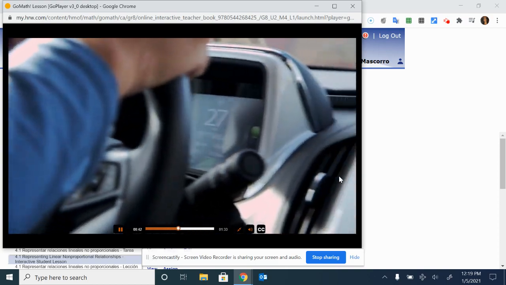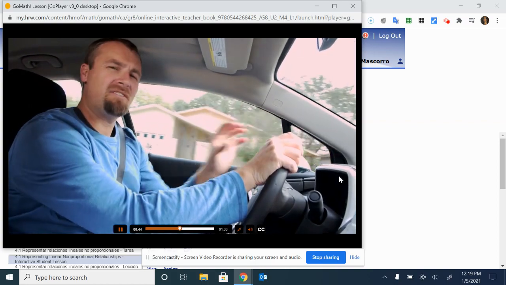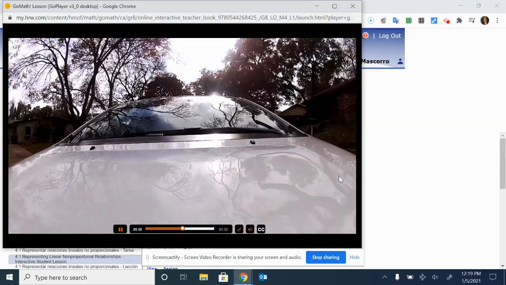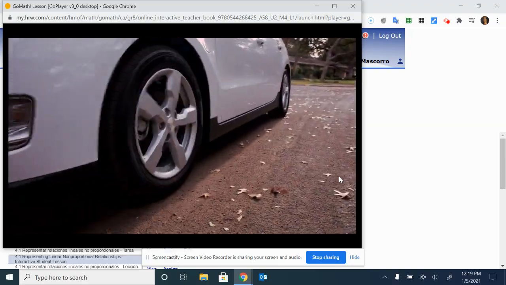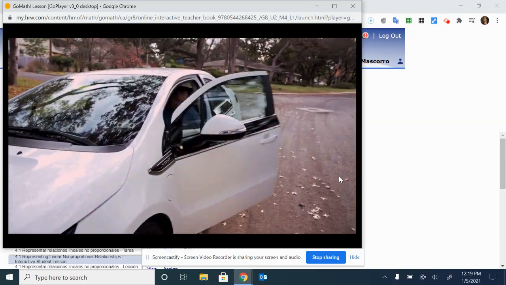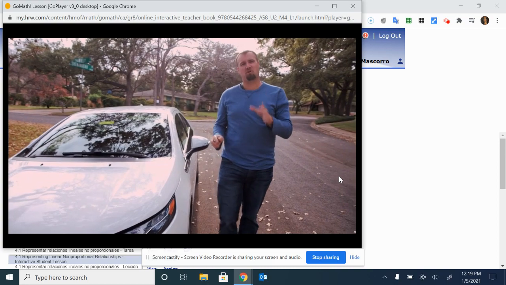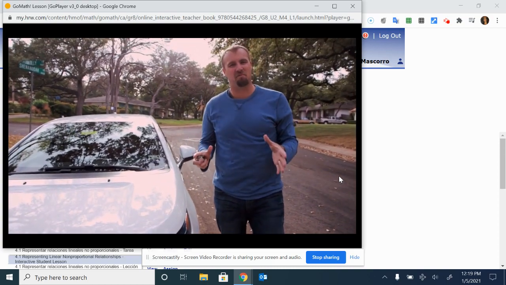Calculating your cost changes a bit if you're driving an electric car. The sticker price may be a bit higher, but the cost per mile can be quite a bit lower. These amazing vehicles don't run on gas. They run on batteries, but calculating the per mile cost is still the same process.